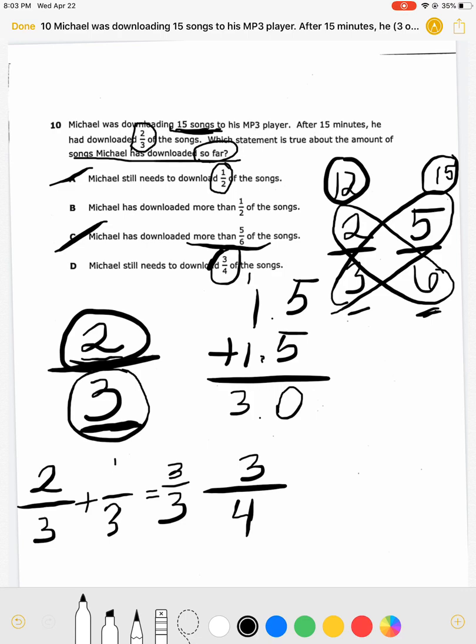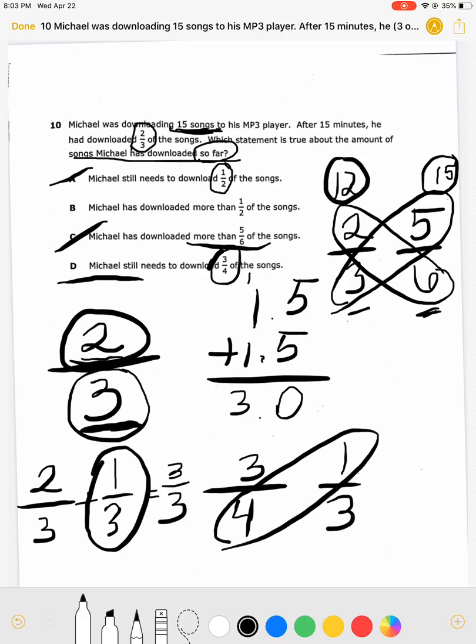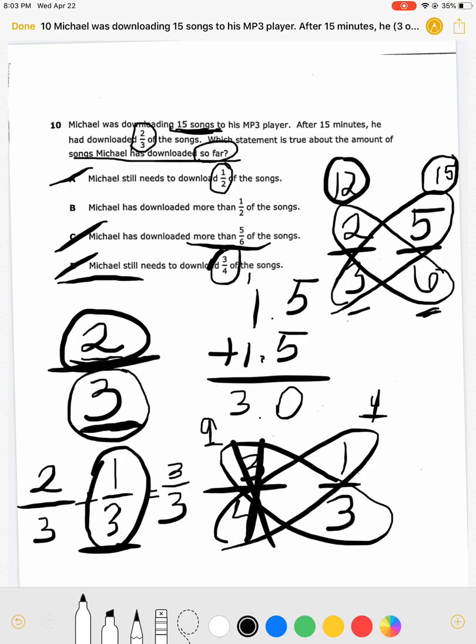He would only need 1 more third. So to check for answer D, I can take 1/3 and compare it to 3/4. Let's cross multiply to check. 4 times 1 is 4. 3 times 3, our product for 3 times 3 is 9. So these do not have the same values. 9 is greater than 4. He only has 1/3 left to download, not 3/4, so that can't be it. So we want to go with answer choice B.